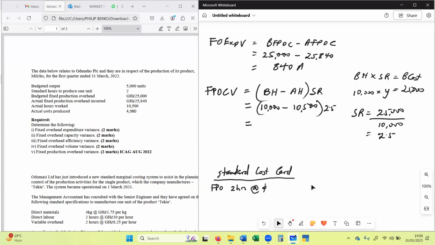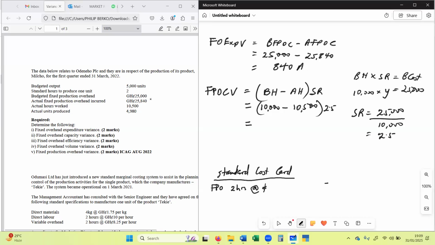So you divide the budgeted cost by the budgeted output: 25,000 by 5,000 gives 5.